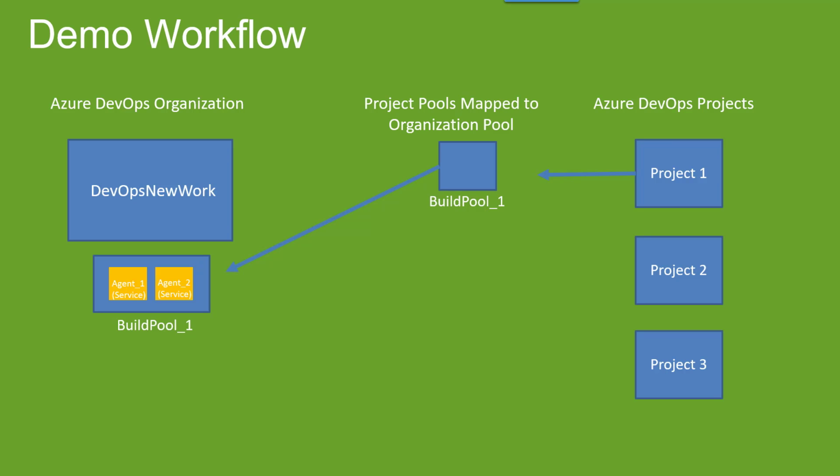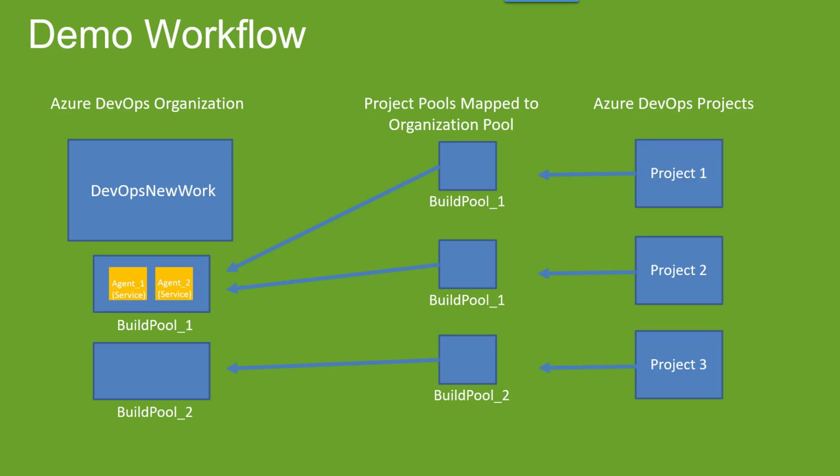Then I will go to project 1 and create a project pool that maps to this organization agent pool. Then going to project 2, create a project pool that maps to this organization pool. Then going to project 3, because I am the admin on the organization, I can create a project pool that creates an organization agent pool behind the scenes.